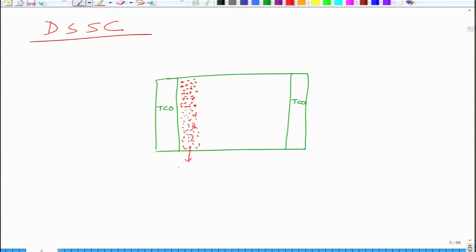This is nano TiO2 plus dye, and this is in contact with what we call electrolyte, and here it is possible to have a thin layer of platinum.